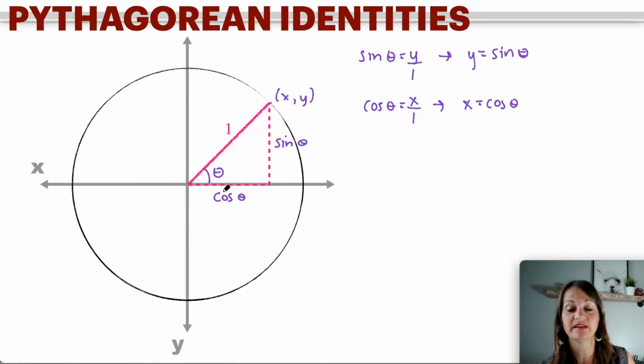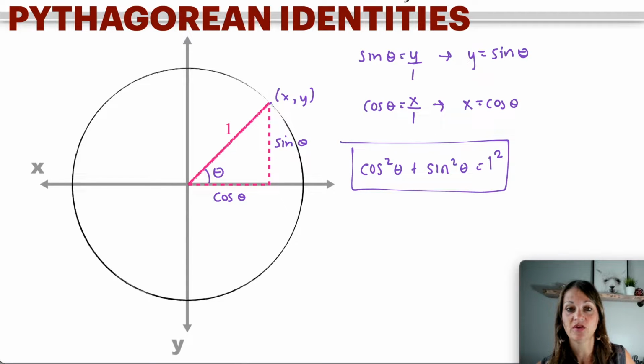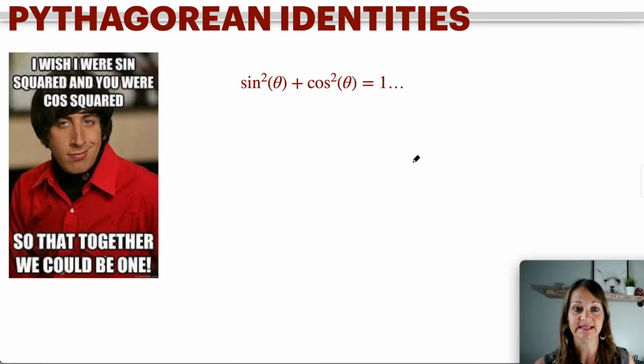The Pythagorean theorem states that a side squared plus the other side squared is going to equal my hypotenuse squared. And we know that 1 squared is just 1. So that is actually our first Pythagorean identity.